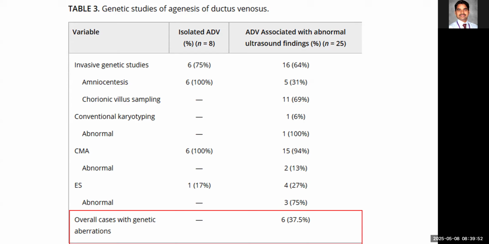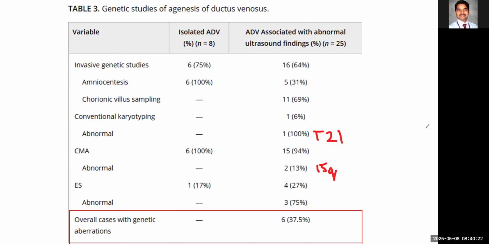In 25 cases of non-isolated DV, 16 underwent invasive testing, out of which 1 underwent karyotyping and trisomy 21 was diagnosed. 15 cases underwent CMA and 2 returned abnormal. The 2 cases diagnosed were Prader-Willi and Angelman syndrome, and 16q24.3 microdeletion syndrome.